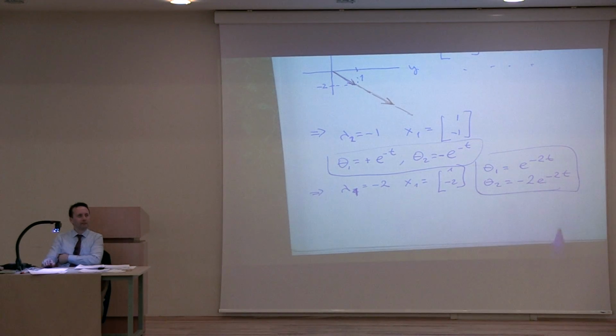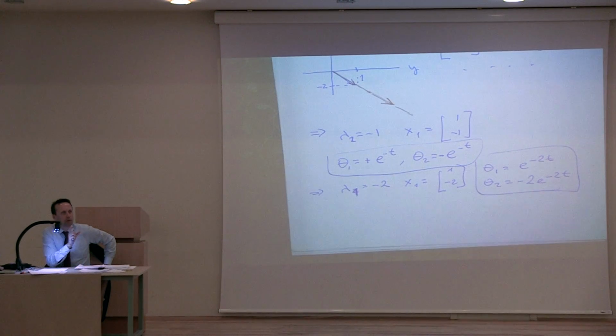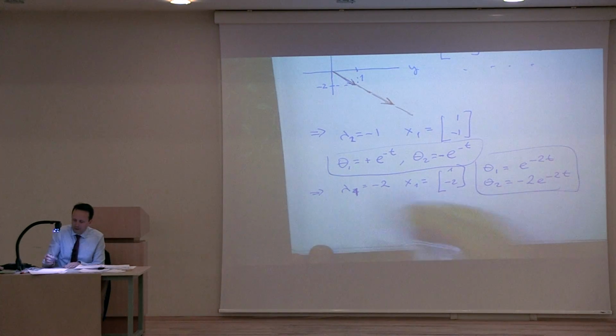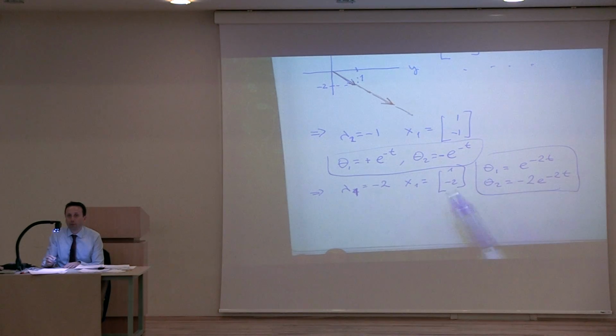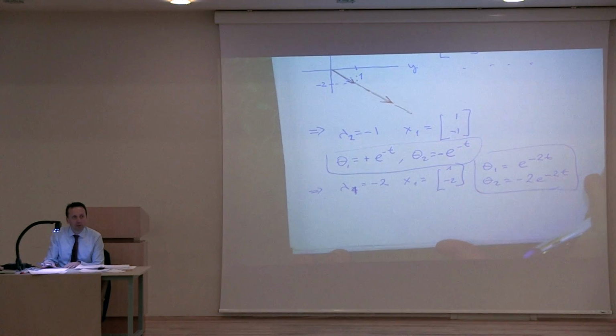You must have learned this in differential equations. Remember you learned something like general solution, particular solution? Remember that? This is exactly what it is. The actual solution will be a linear combination of these two. That's what we call the general solution.